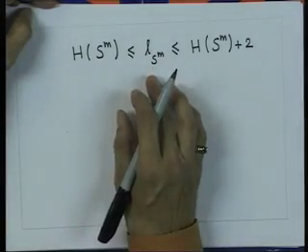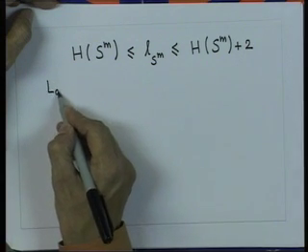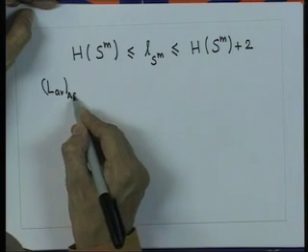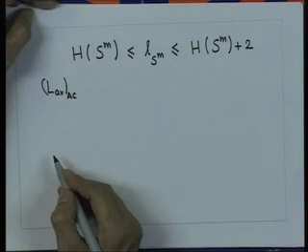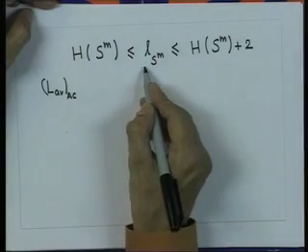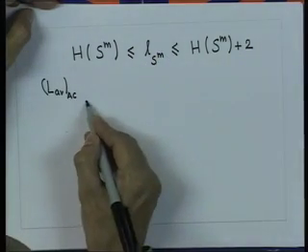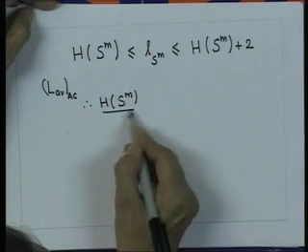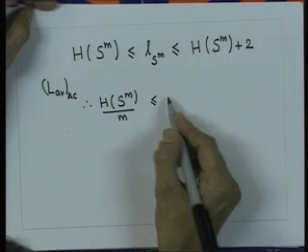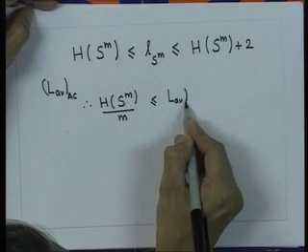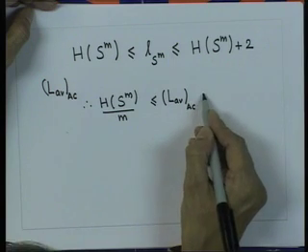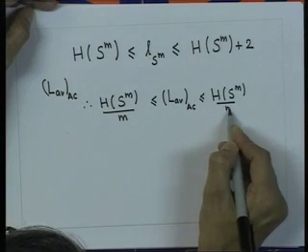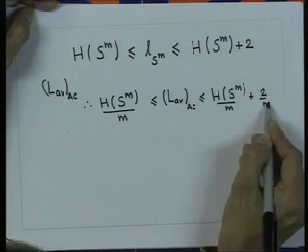So, the length per symbol we denote by L average, and since we are talking about the arithmetic code, we will denote it by AC. For the arithmetic code, it will be given by dividing this quantity by m. Therefore, we get H of Sm over m is less than or equal to L average for arithmetic code, less than or equal to H of Sm divided by m plus 2 by m.